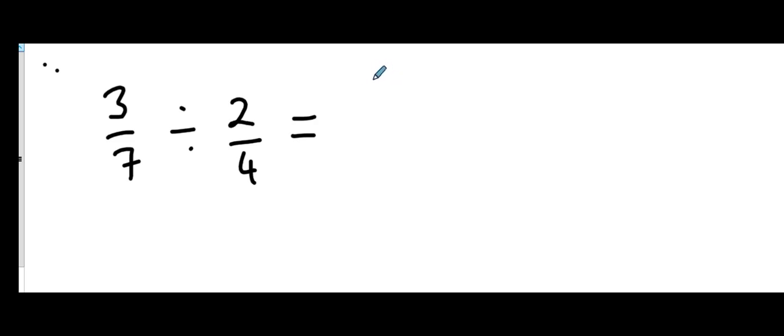So what we're going to do is flip our second fraction, this fraction over here. I'll show you what I mean. I'm going to write out 3 over 7 and then flip my second fraction, 2 over 4, which now becomes 4 over 2, and instead of dividing them I can now multiply them.